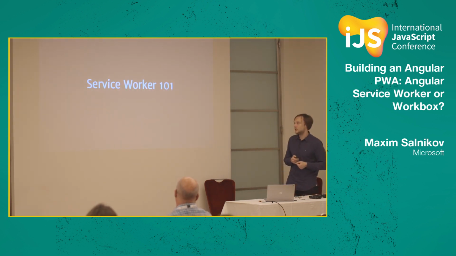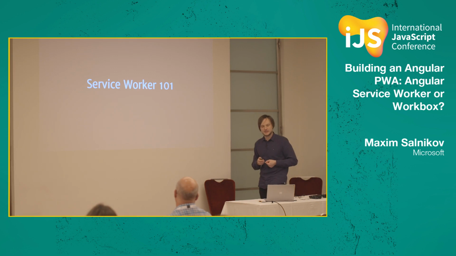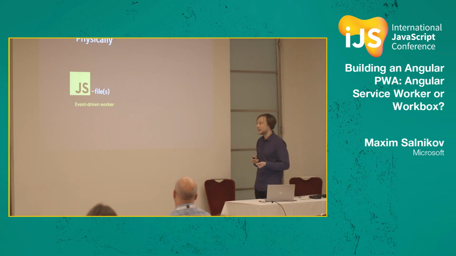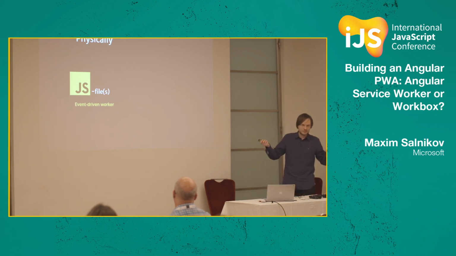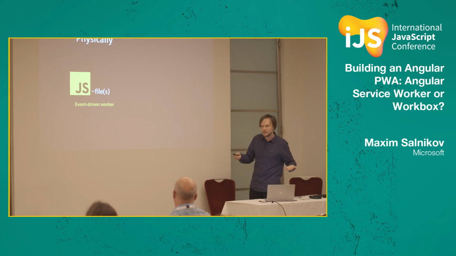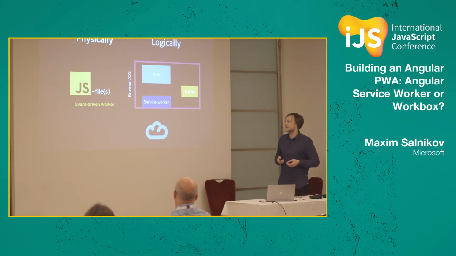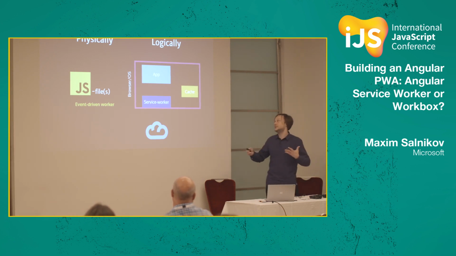To understand how we achieve this, let's give a very brief technical overview of what a service worker is at all. So first, this is JavaScript code in the form of one file or multiple files. There is a way to modularize this. Logically, this is a form of gate between your app and the outer world.